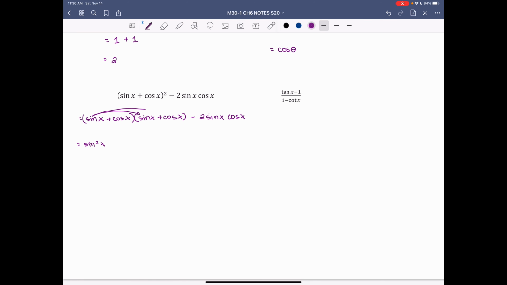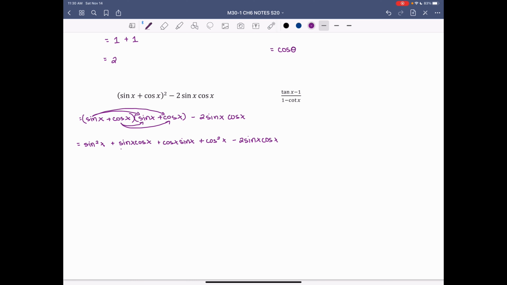Sine x times cos x is plus sine x cos x. Cos x times sine x is plus cos x sine x, and then cos x times cos x is plus cos squared x, and then we have minus 2 sine x cos x.